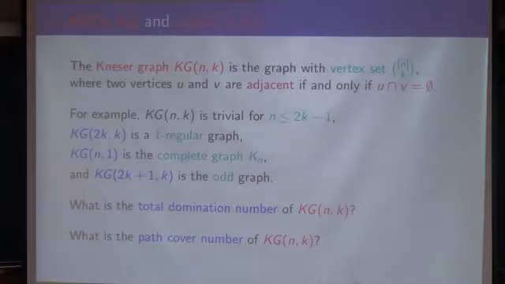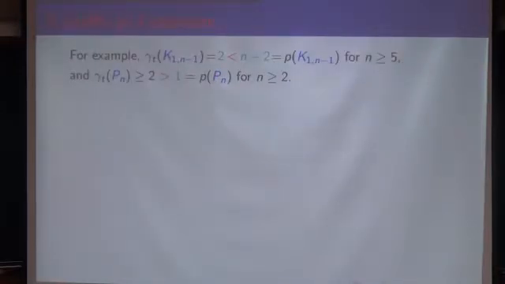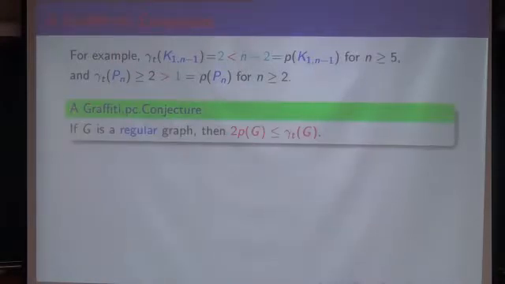Let's come back to the original question. By checking the path cover number and total dimension number of those two graphs, it seems that there is no relationship between them, because one is greater than the other in one case and less in the other. But if we restrict our interest to just regular graphs, a conjecture says that there is a relationship: the path cover number is at most the total dimension number.